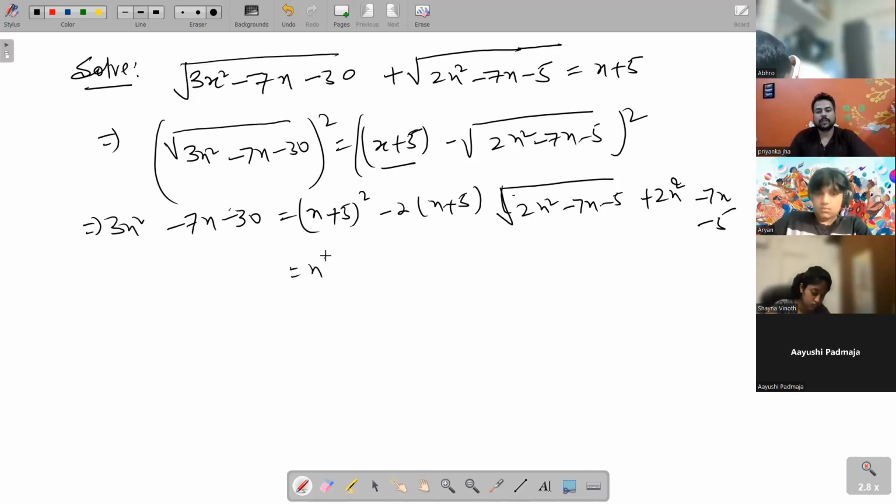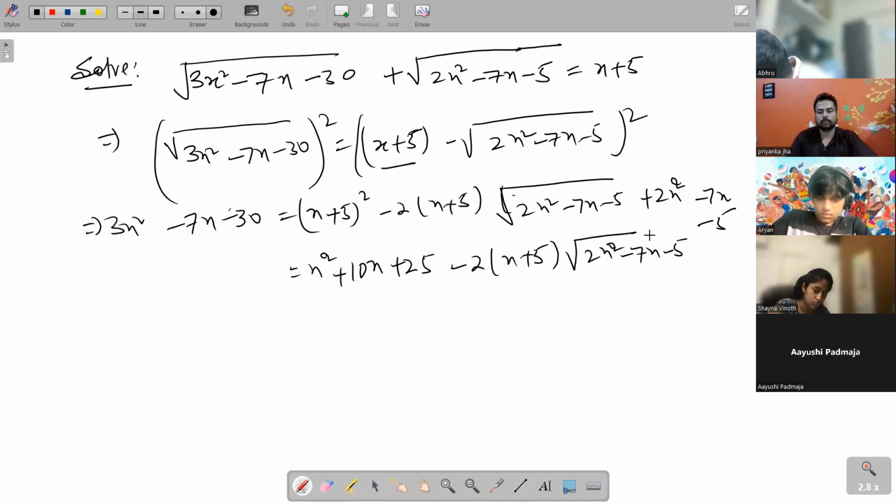From here you can see, break this (a plus b) whole square: a square plus 2ab plus b square.